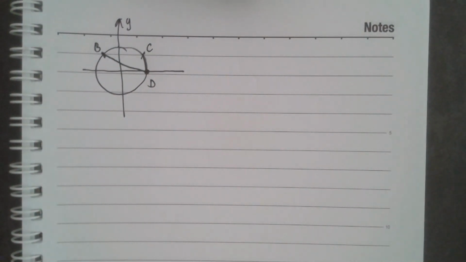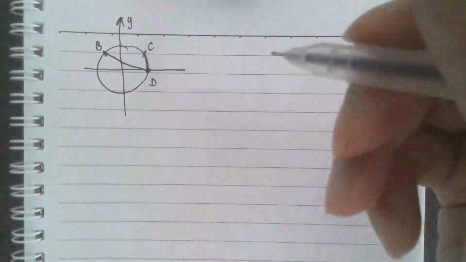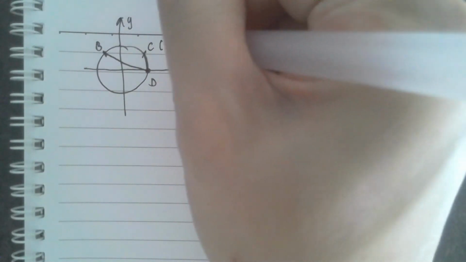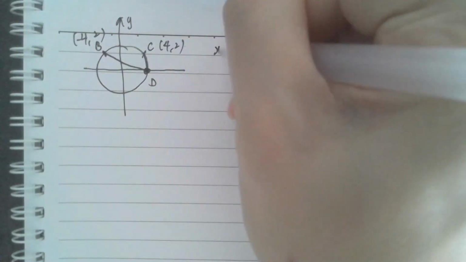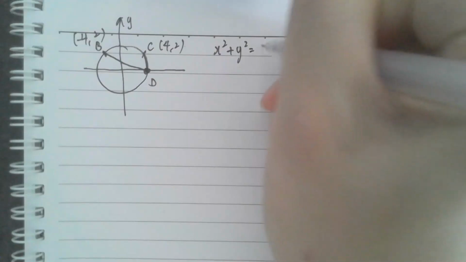That's one of the reasons why the question is given to you in such an order, where you're supposed to find B and C first. So C is 4, 2, B is negative 4, 2. And D we can find because the equation of the circle is given as this, 20.